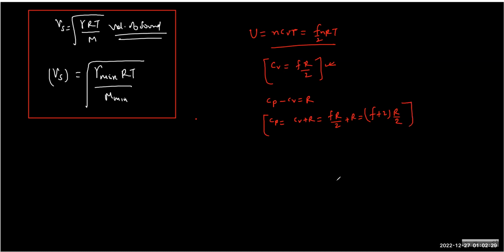In all this calculation, I haven't taken the case when the vibrational degree is taken into consideration. But those who are writing the Maharashtra CET board examination, in their board, the vibrational degree of freedom is also taken into consideration. So for those students preparing for the Maharashtra CET and Maharashtra board examination, this is the part for you. For the CBSE board and other boards, everything is covered.